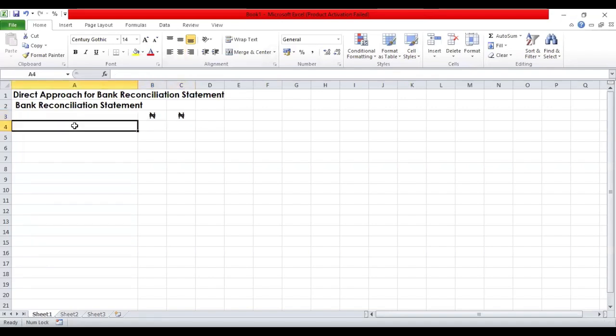Now, we start with balance as per cash book. Put it here.